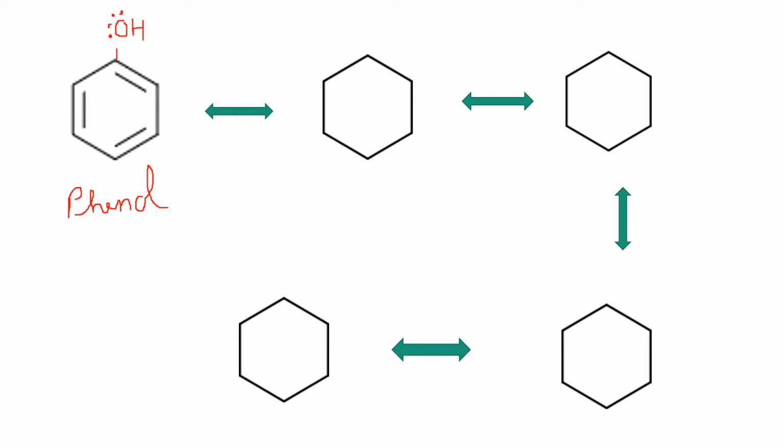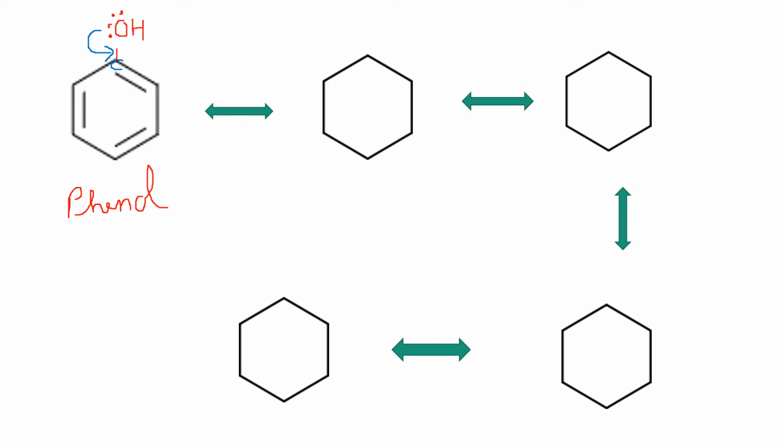Now, we show that the lone pair is shifting between oxygen and this carbon of benzene to make a double bond here. In this process, this carbon, which is going to make a double bond with oxygen of OH group, is going to have 5 bonds. Once it gets a double bond here also, there will be 5 bonds, which is not possible.